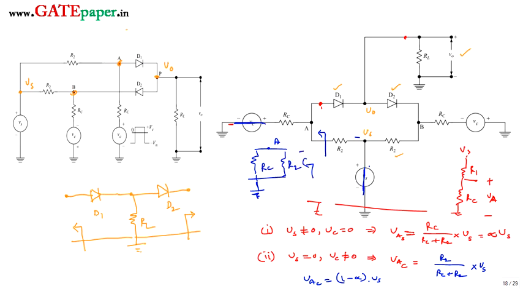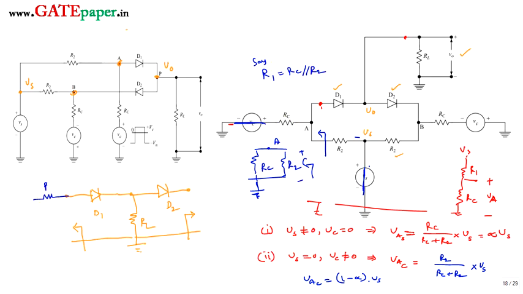So the equivalent resistance is going to be R2 parallel Rc. Now we can draw the equivalent resistance as R2 parallel Rc, which I am assuming as R1. Let us say R1 is equal to Rc parallel R2.